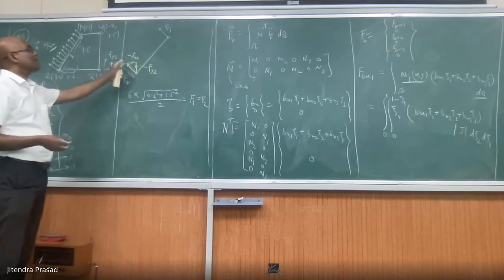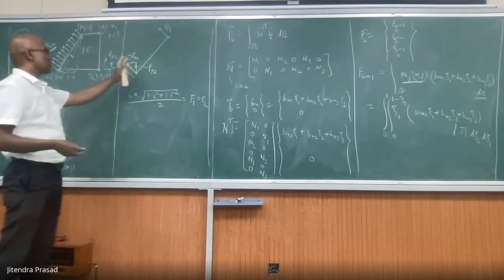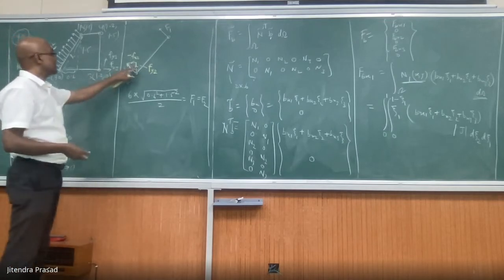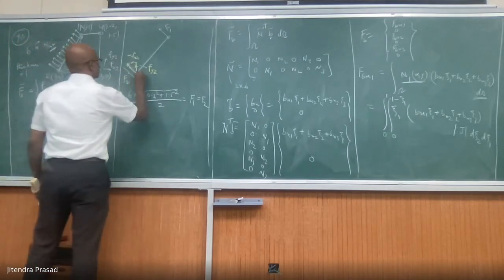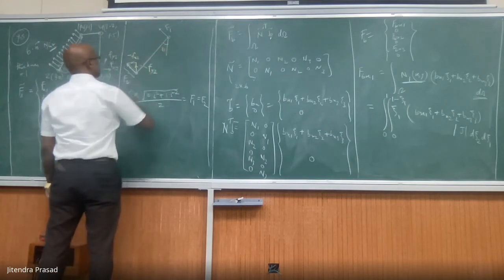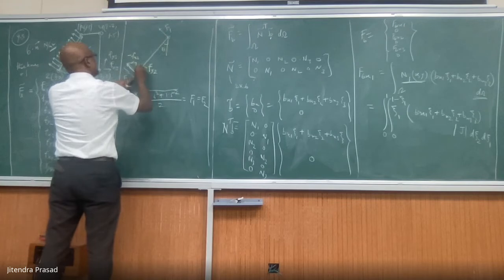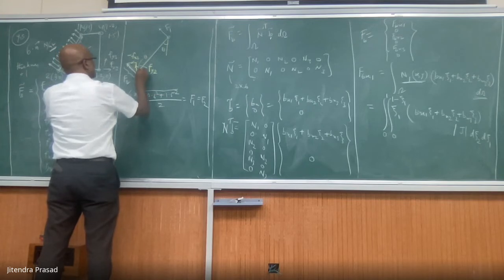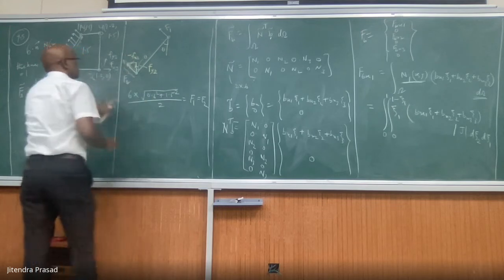And hence we can now find out what will be the value of those. So component of this, what is the angle? Let us say the angle here is theta, right? So this angle will also be theta, and that really means this will be the same theta. You agree?